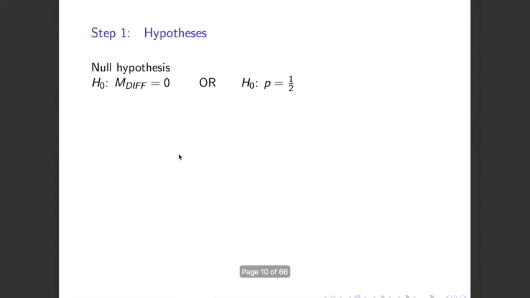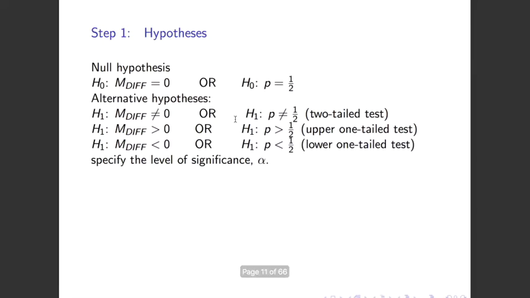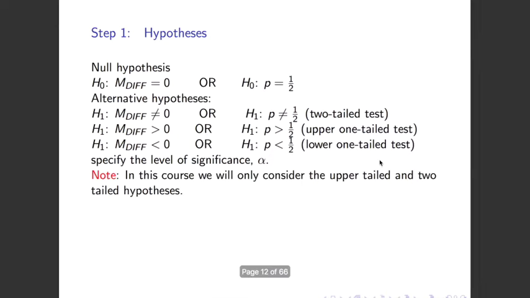We have a hypothesis. We state the null hypothesis where we have the median of the differences equal to 0, or we say p is equal to a half. And remember that we have three different alternative hypotheses. We have the two-tailed, where it's not equal to, the upper one-tailed, where it's greater, the lower one-tailed, which is less than. And we specify a level of significance, alpha.